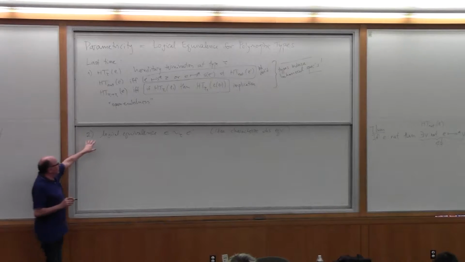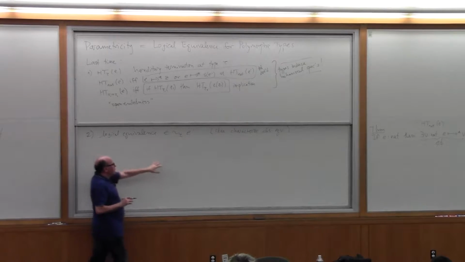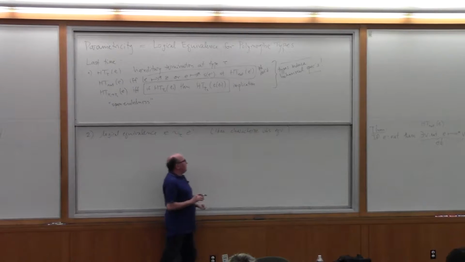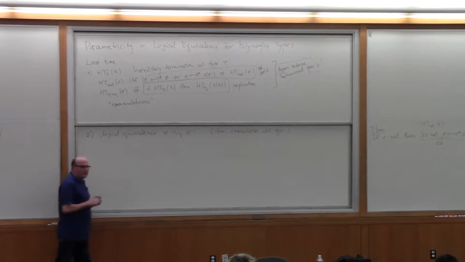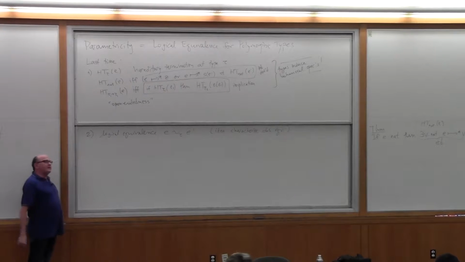The point of logical equivalence was that observational equivalence is very hard to work with. If I say to you, here's E1 and E2, tell me if they're observationally equal, you now have to think of all possible programming scenarios. You start wanting to take shortcuts. Of course.